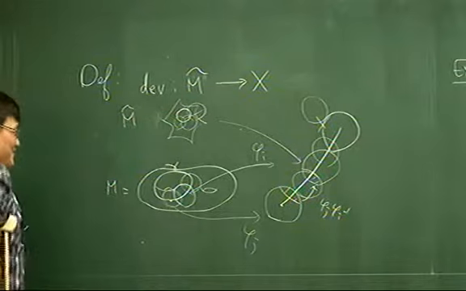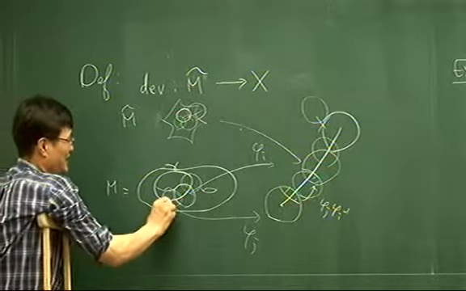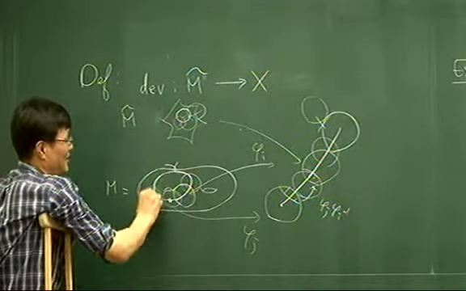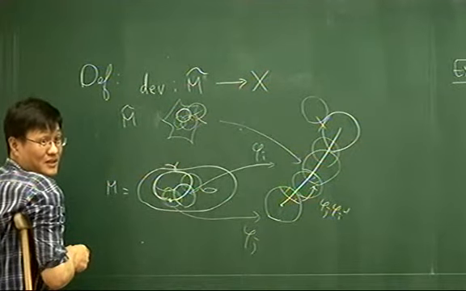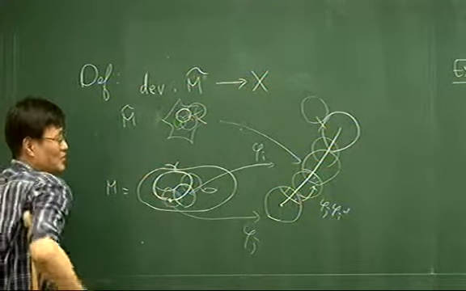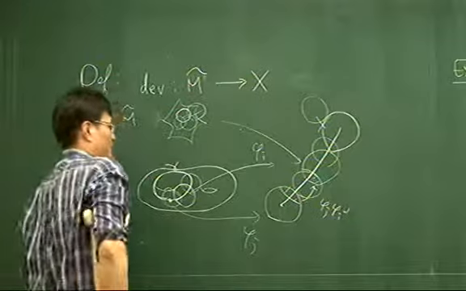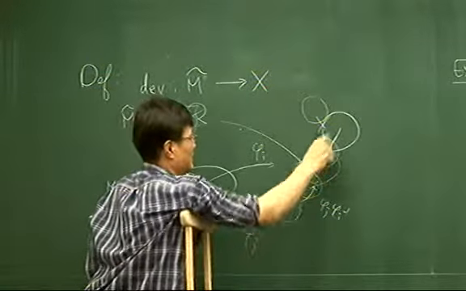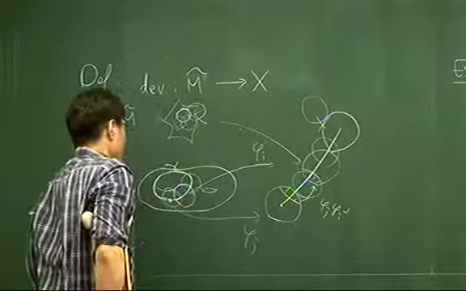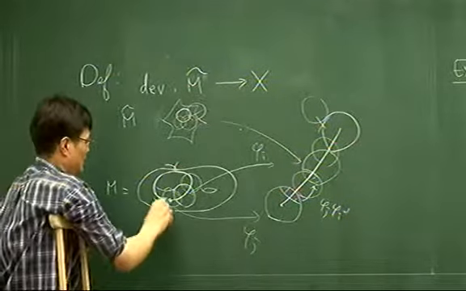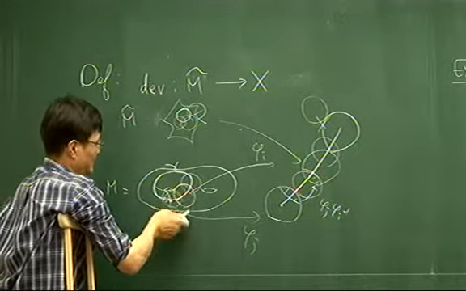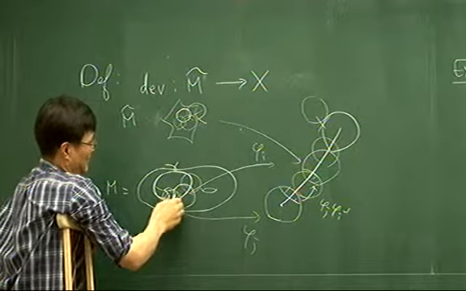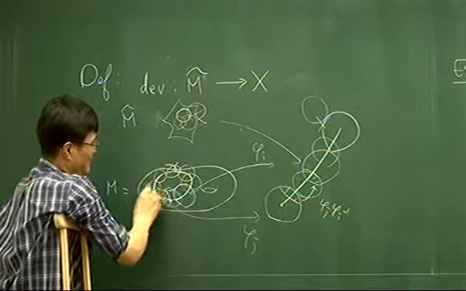And I gave you a hint: if you have some non-trivial element in the fundamental group, usually the developed image is like this, and you can measure the discrepancy. It goes and comes back.